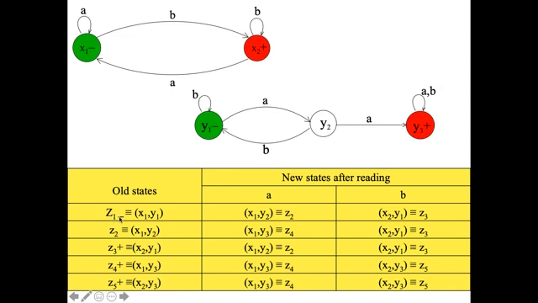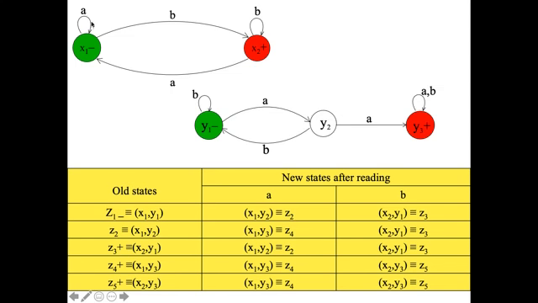Z1 is the initial state, which means the initial state of this FA and the initial state of this FA. Now the new state after reading A or B. In X1, if we read A, we go to X1. And in Y1, if we read A, we go to Y2, which is equal to Z2.